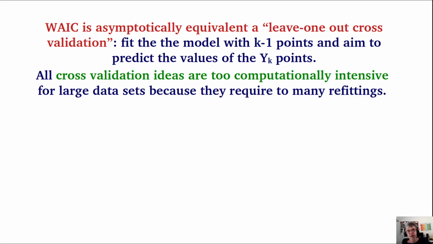All these cross-validation ideas are very old, and they're typically too computationally intensive, because it means, as you may realize, that if you have k points, k being, for instance, 1000 points, you need to refit the model 1000 times, taking out 1 point at a time. So this is very impractical for large data sets.